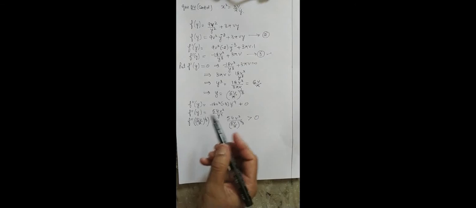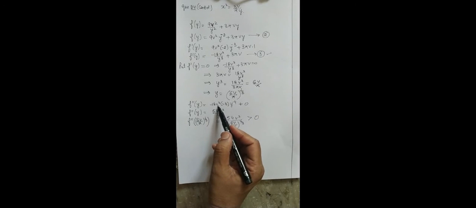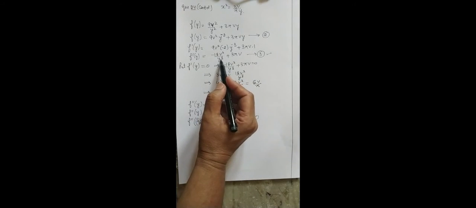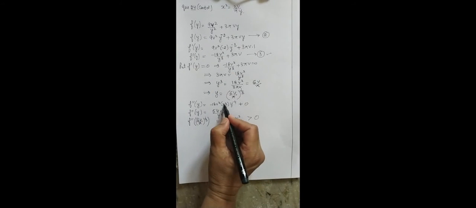So my double derivative now will be minus 18v square, it is constant, it will be written as y raised to power minus 3, so derivative will be minus 3 into y raised to power minus 4, and derivative of 3 pi v is 0.